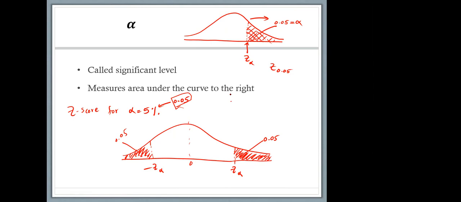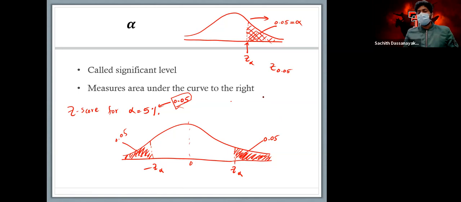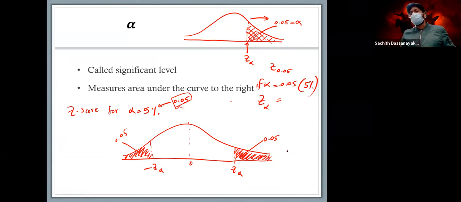So once they have mentioned z alpha, alpha is 0.05, or they will give something like 5%, significance level is 5%. So z alpha means z 0.05. You have to go to the table, find this area and then find the corresponding z value. That's what z alpha means. Clear?